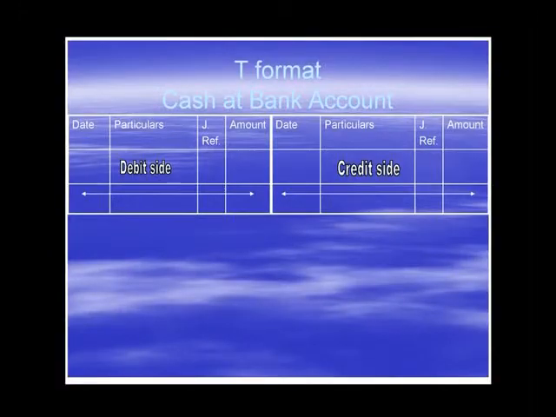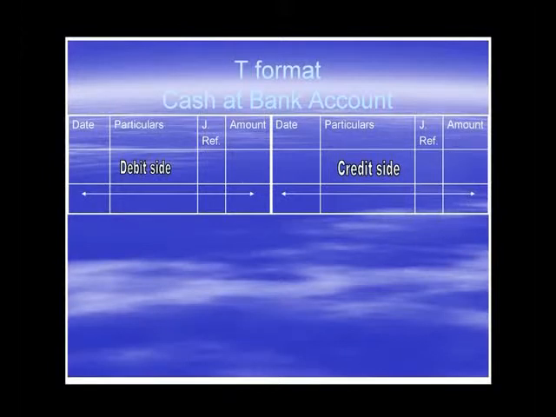All right, so now what is the left-hand side and right-hand side of an account, and what is the shape of an account? Okay, this is the shape or the sample of an account. You can see the thick line here in the middle, right?